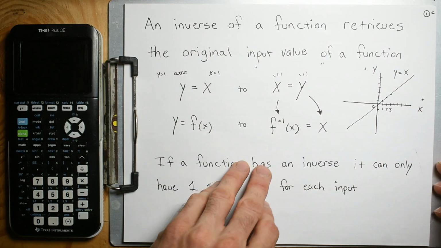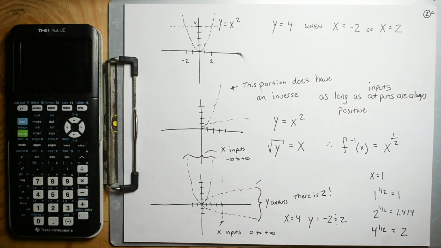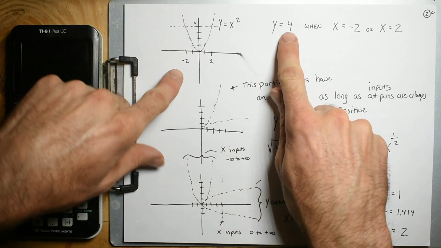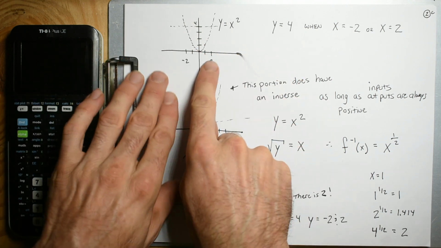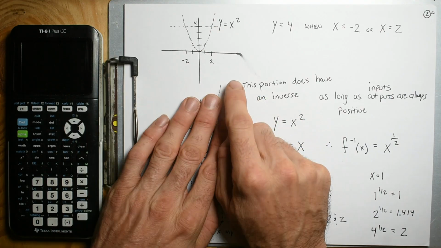So let's see what we did here. We go over that x squared one, and it is a function, because I can choose any value of x and I'm just going to get 1 individual value.